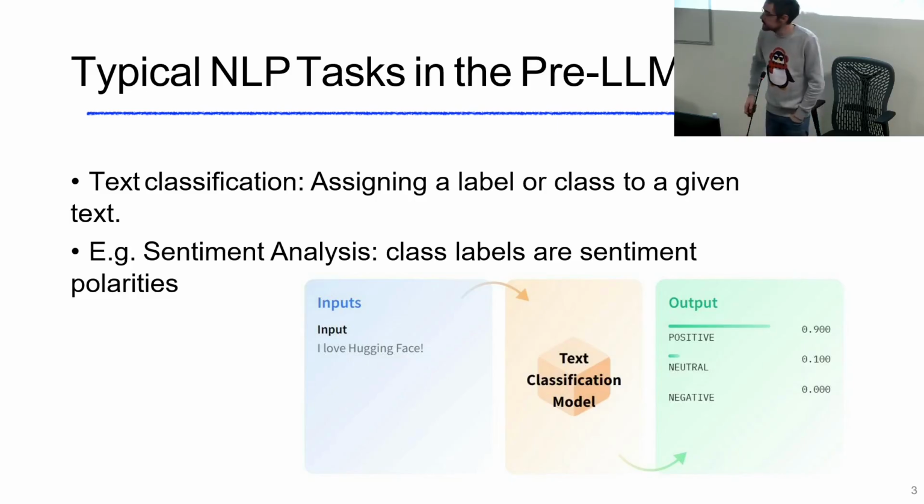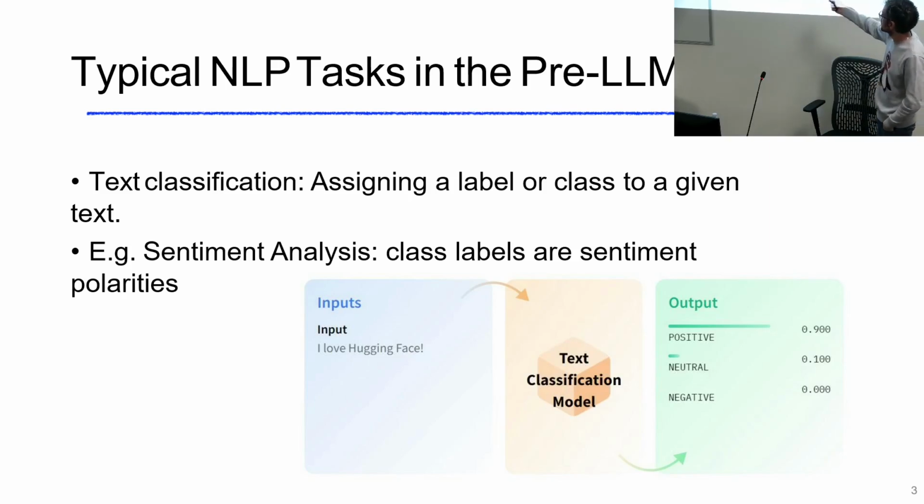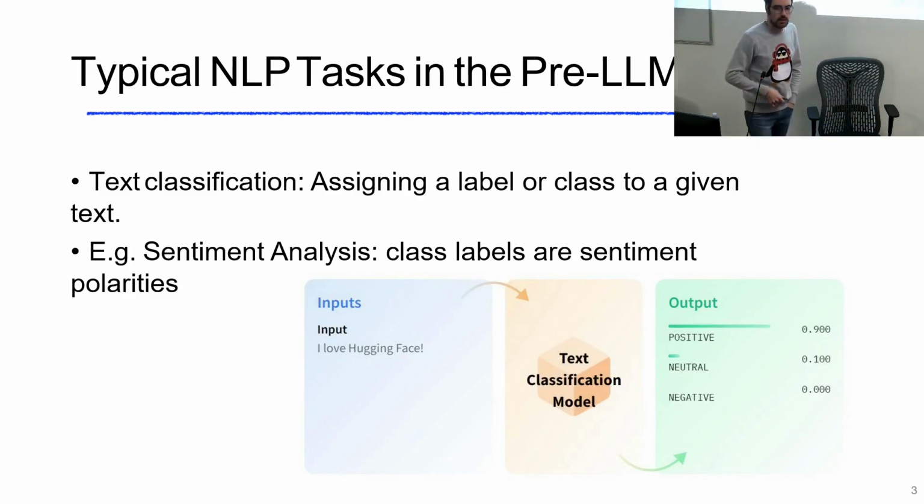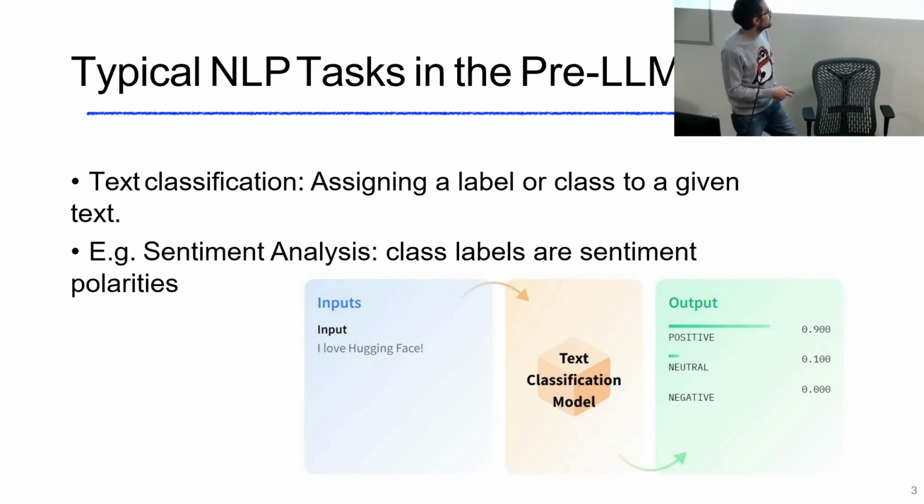So, for instance, a very simple example could be to check a given comment. Hugging Face is a famous site where you can find resources about machine learning. Put this comment into a text classification model and let the model tell me whether the comment expresses a positive, neutral, or negative sentiment.